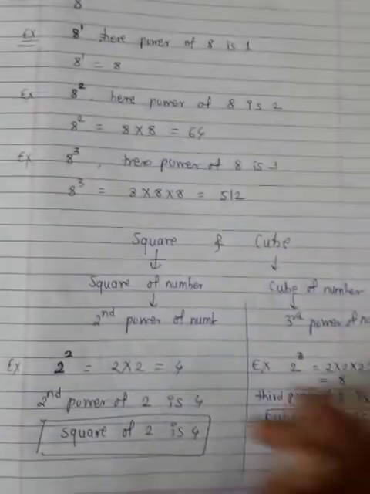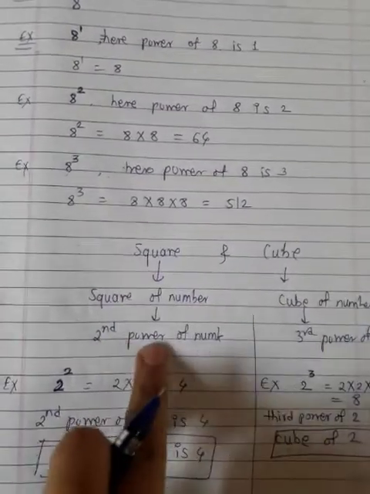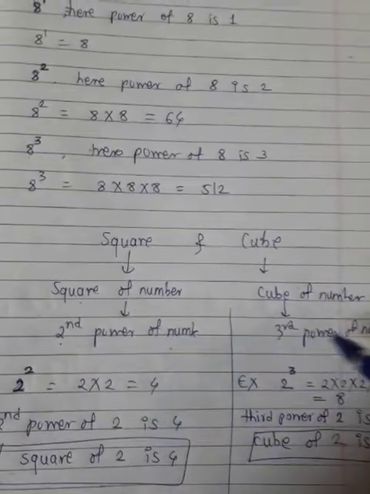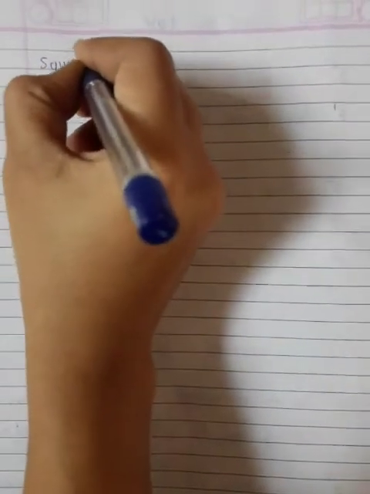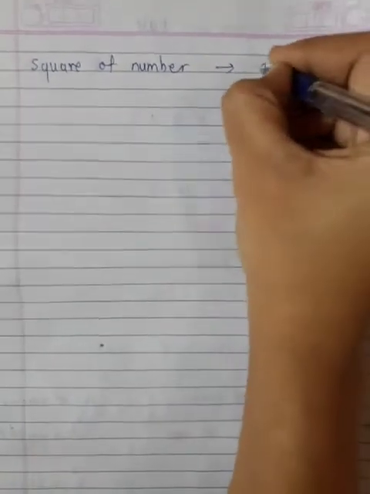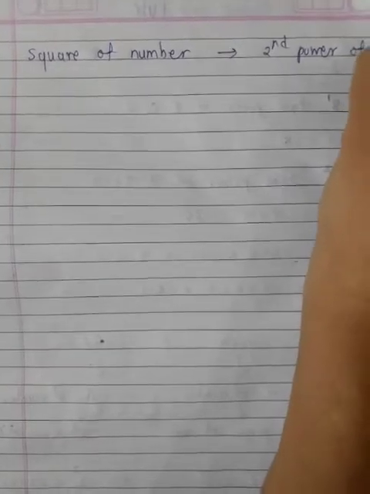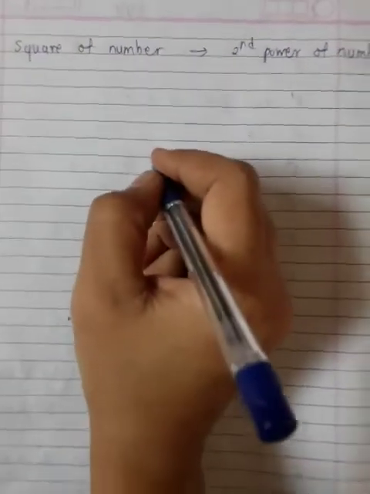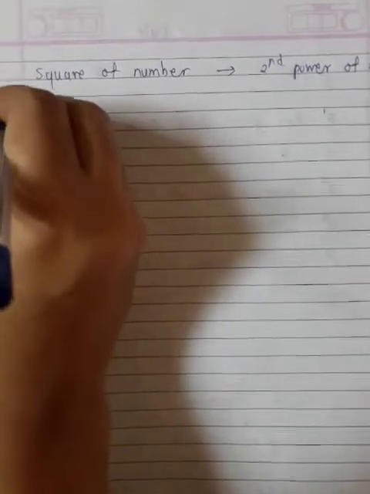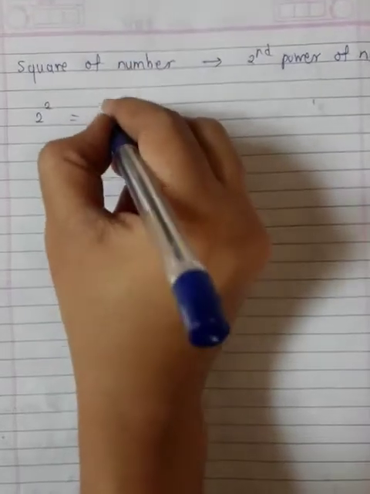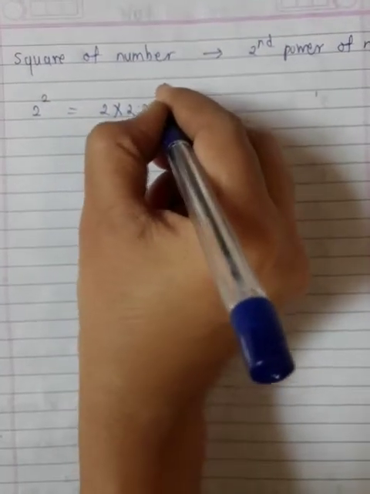Okay, so here the square of a number means the second power of the number, and the cube of a number means the third power of the number. The second power of 2 is 4, that is 2 into 2.